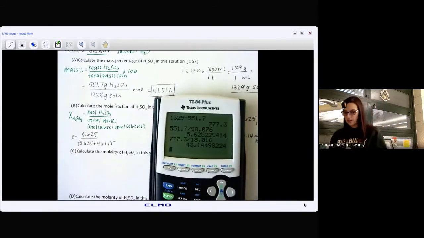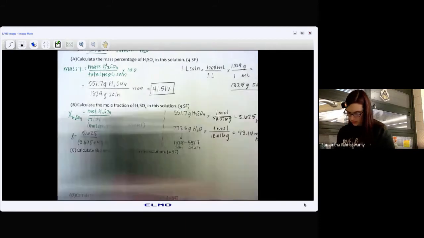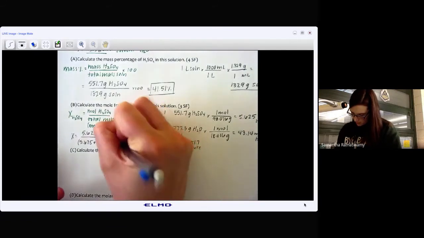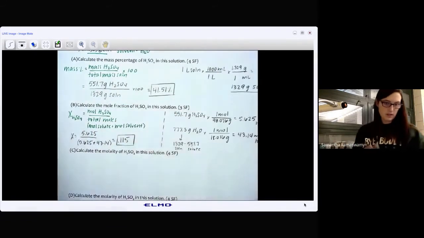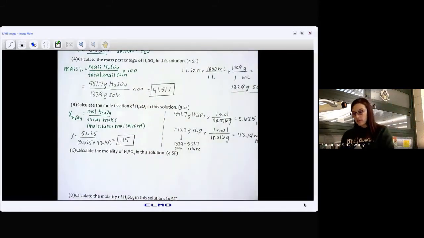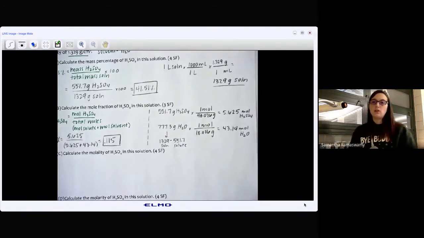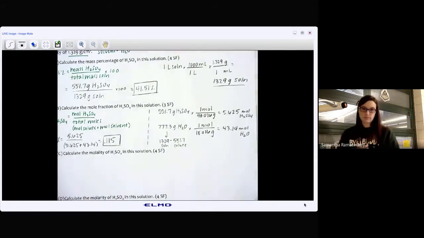Don't forget the parentheses on the bottom. Three sig figs, so 0.115. Remember that mole fraction does not have units. So this problem required us, just like yesterday, to go from grams of our solute and solvent to moles.